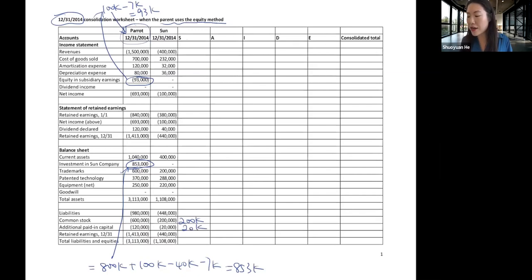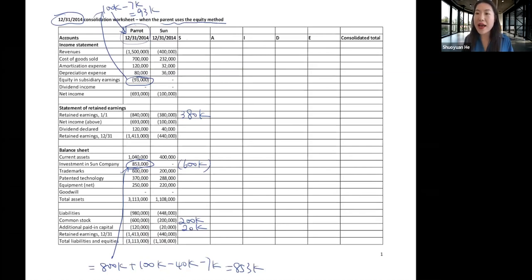The subsidiary's beginning retained earnings is 380,000. To eliminate it, we debit 380,000 beginning retained earnings. And 200,000 plus 20,000 plus 380,000 adds up to 600,000. So we credit the investment account for 600,000 accordingly.